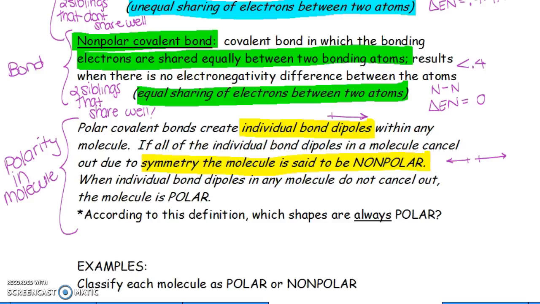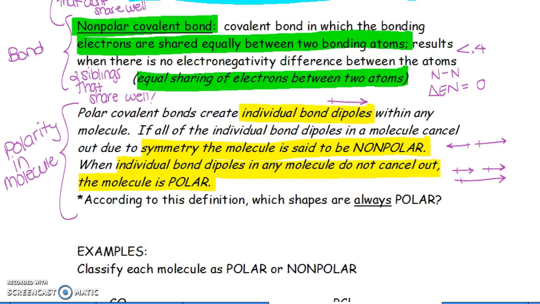When individual bond dipoles in a molecule do not cancel out, you end up with a polar molecule. For example, if you have two bond dipoles that point in the same direction, the overall dipole would look like that, and the electrons would spend more of their time near a particular element within that molecule.